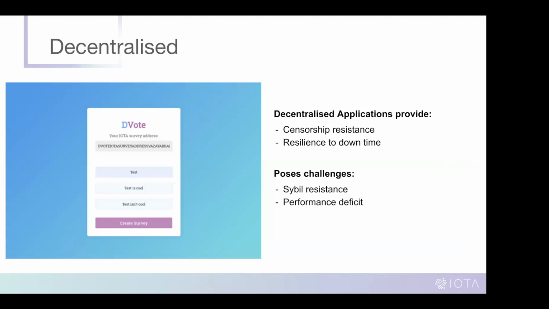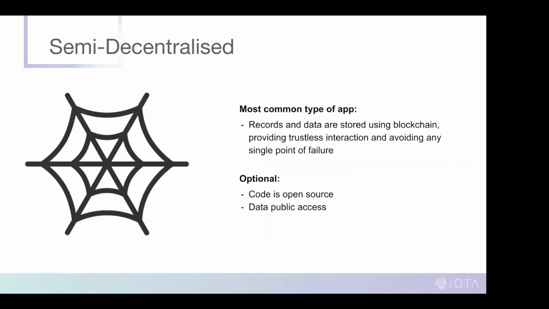You have to use the IOTA network, which is optimized for being a distributed ledger, not for being a high-speed data processing network or something like that. So if you choose to go for a decentralized approach, you have to make sure you understand the difficulties associated with it.